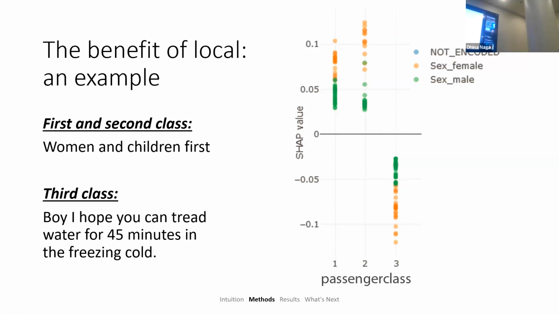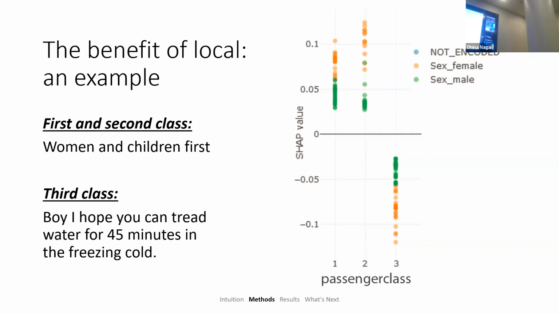However, in the third class, you can really see that the model thinks that males have a much higher chance of survival, and we can hypothesize that women and children first was really only the case in the first two classes during the sinking of the Titanic, and that if you were in third class, regardless of being male or female, you would not be able to step foot on a life raft.